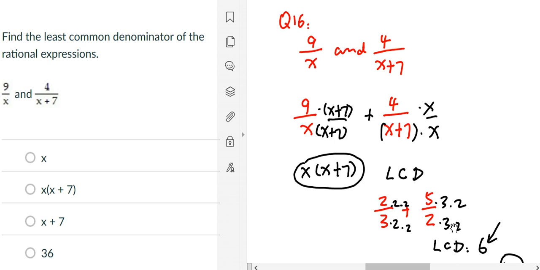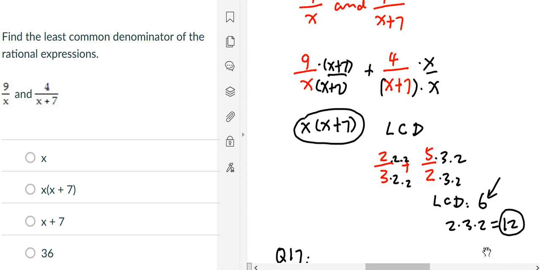You have to reduce it. Okay, so that's why least common denominator is important. It's 6. Even the common denominator 12 works. Okay, so here is the meaning for least common denominator.